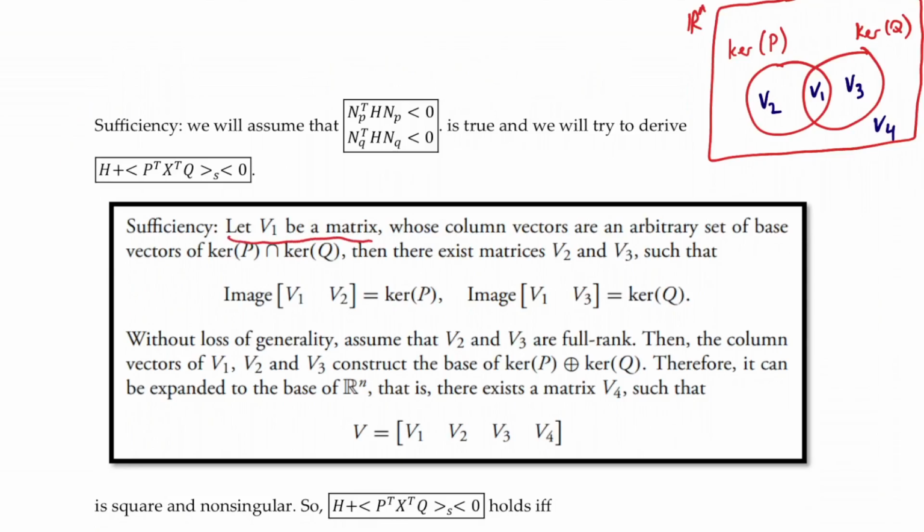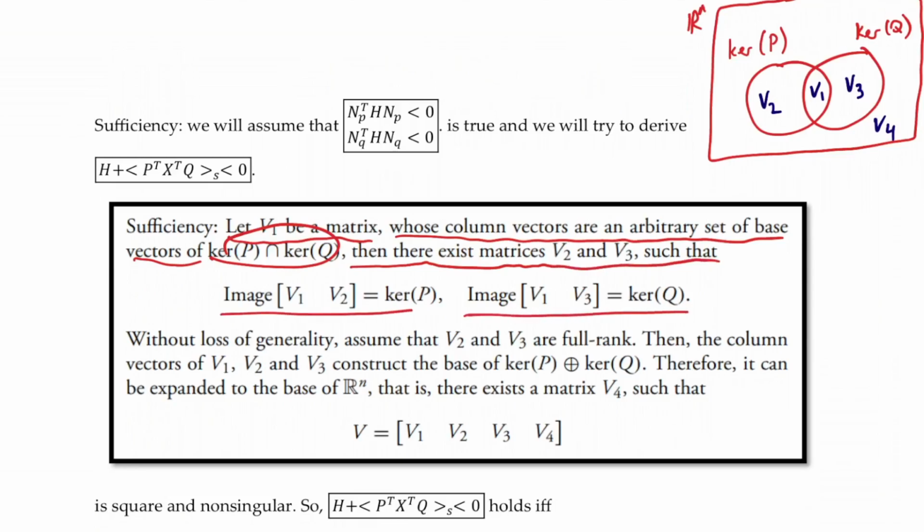So, let V1 be a matrix whose column vectors are an arbitrary set of base vectors of this expression. Okay, this might sound complicated, but I'm going to clarify it in a moment. Then there exist matrices V2 and V3 such that these two given relationships hold.